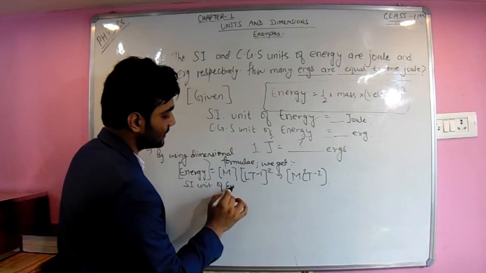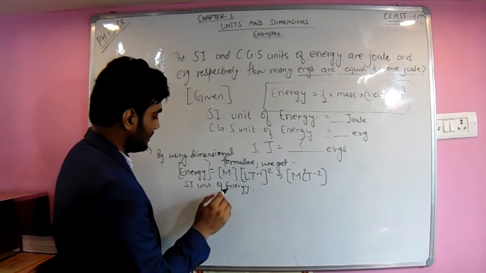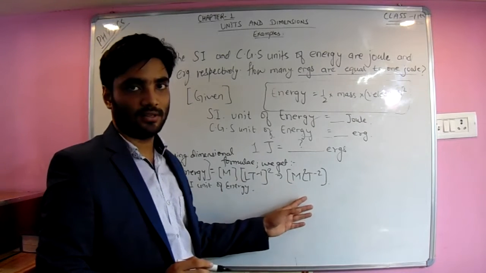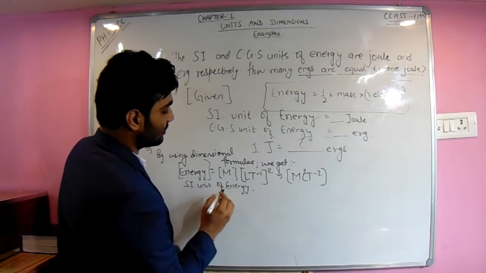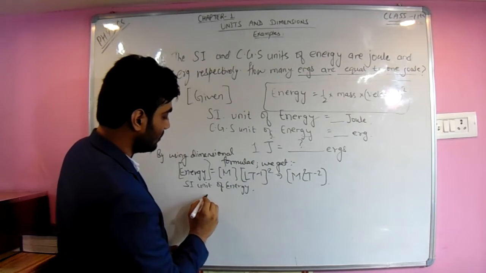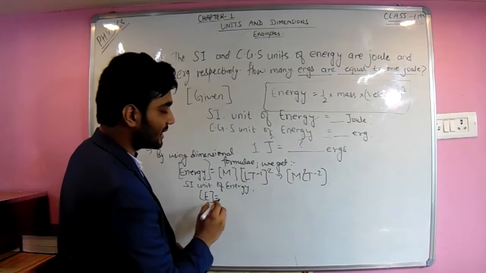But the SI unit of energy is joule, so we have to express the SI unit of energy in this formula. How? Let's see. E, putting a square bracket on both sides.